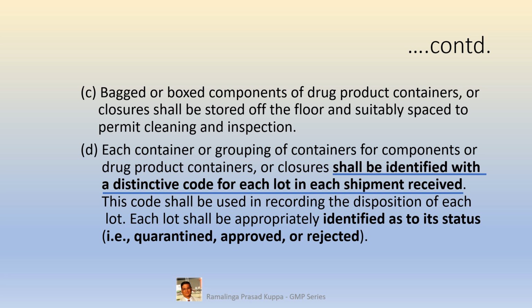Each lot shall be appropriately identified as to its status, that is, quarantined, approved, or rejected. This information is required to track the usage in the manufacturing. This information is also required for investigation in case of any failure of the product.